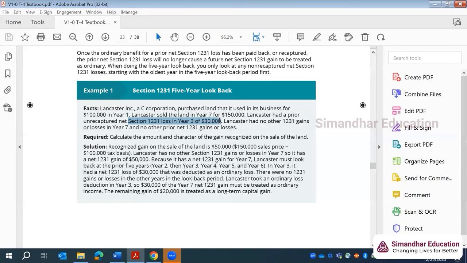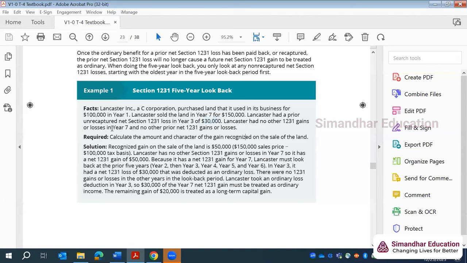Remember, I told you that a section 1231 loss is an ordinary loss and a section 1231 gain is a capital gain. So in year 3, they would have taken this $30,000 as ordinary loss, reduced their ordinary income with it, and paid less taxes.